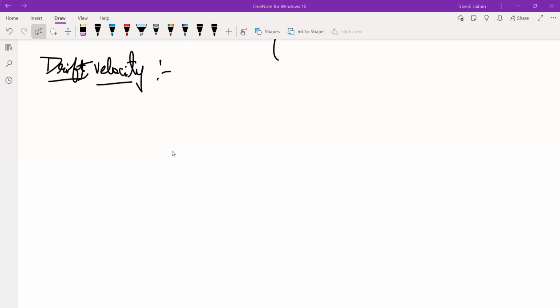That is your drift velocity. Again, in simple terms, it is the average velocity of free electrons inside a metal when we apply an electric field, which results in current conduction.